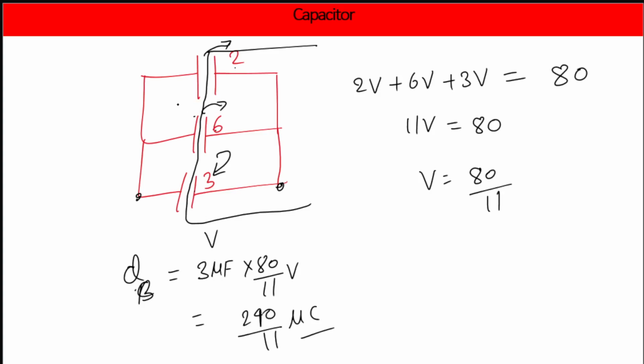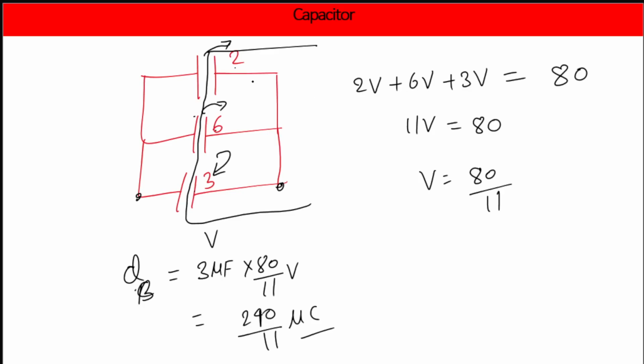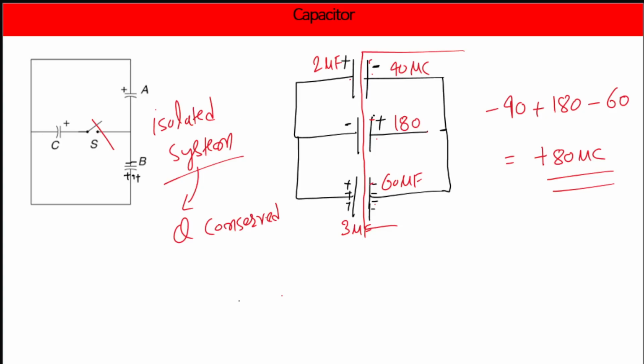So this is very easy to deal with if you are using the concept of this isolated system thing. Okay? अब देखो, अगर तुम इसमें कंफ्यूज कर रहे हो ना, may be सोच रहे होगे कि आपने तीनों चार्जेस को ऐड क्यों कर दिया. यहाँ पे तो this one was positive, this one was negative, this one was negative. ठीक है?